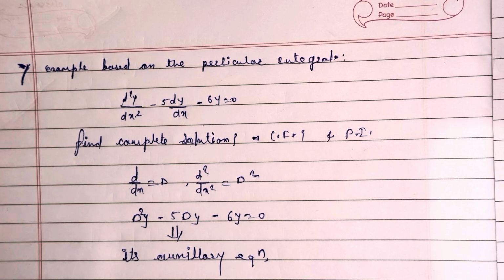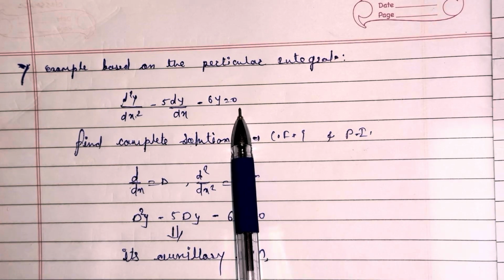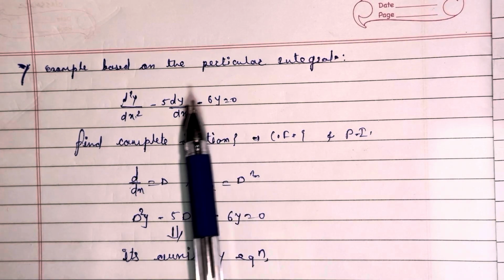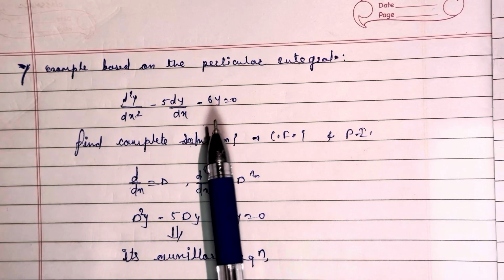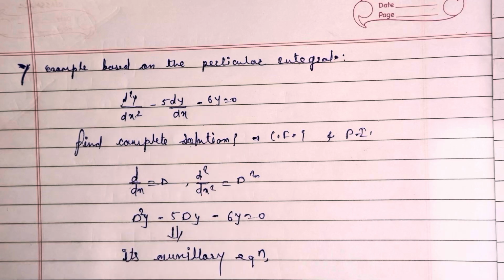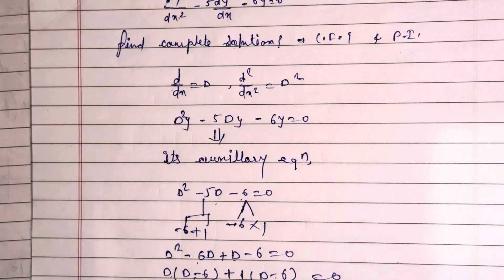So whenever you get a question in your university question paper where one of the sides is 0, that means the given differential equation has a particular integral of 0. That's it for this example. These are important examples, guys, asked in your previous year question papers. Everything here is completely easy.